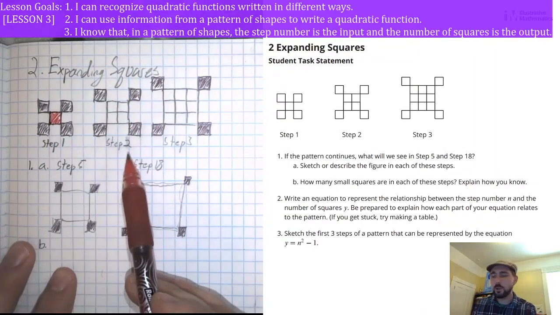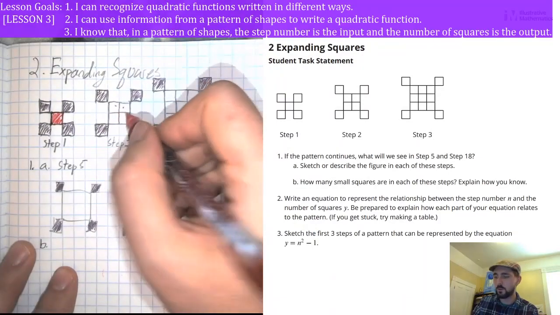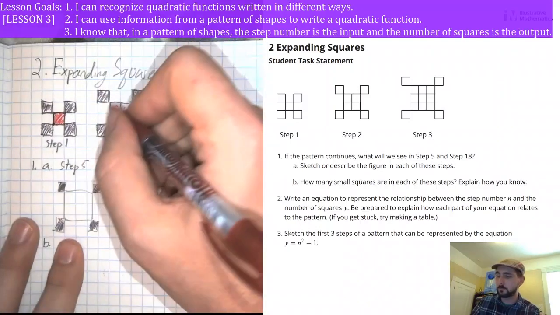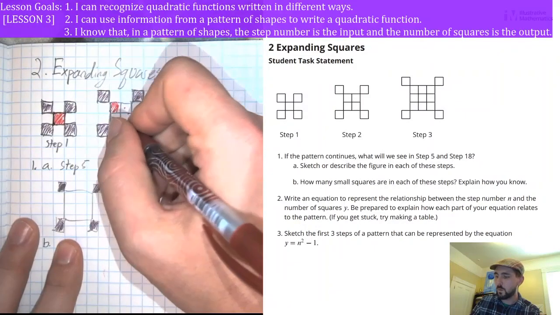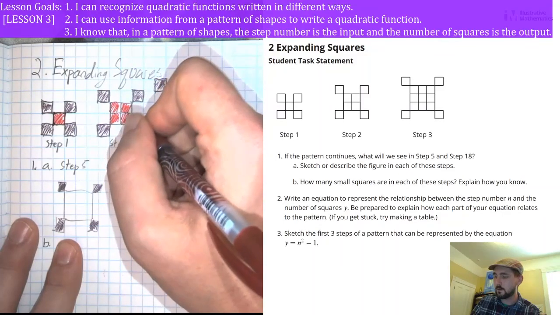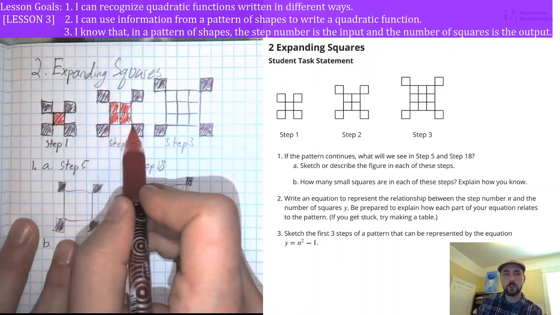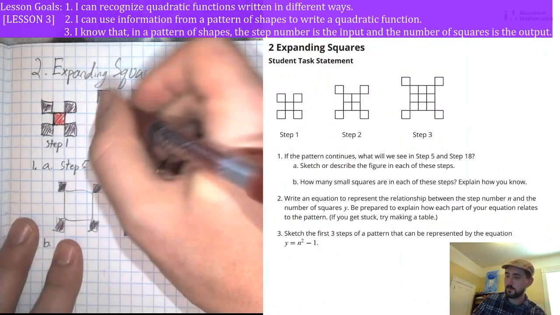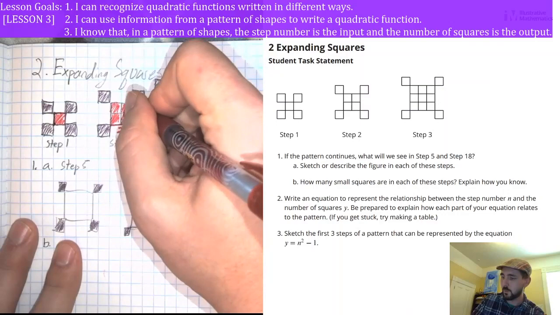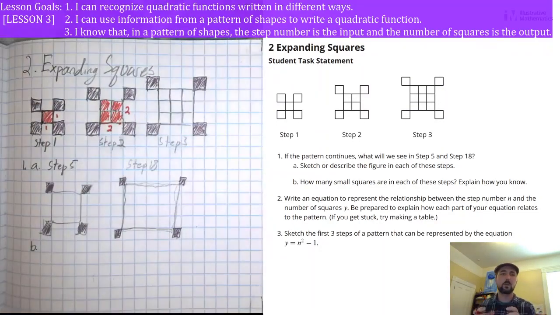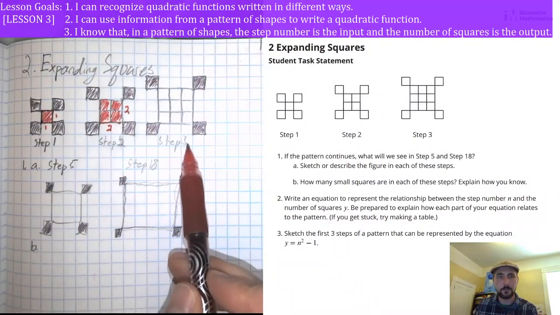In step 2, there's 1, 2, 3, 4 squares in the middle, which means we can say that this middle shape is 2 across and 2 up. Did you see that? So this middle shape is 2 by 2, the same way this one has a center that's like 1 by 1. A pattern maybe.